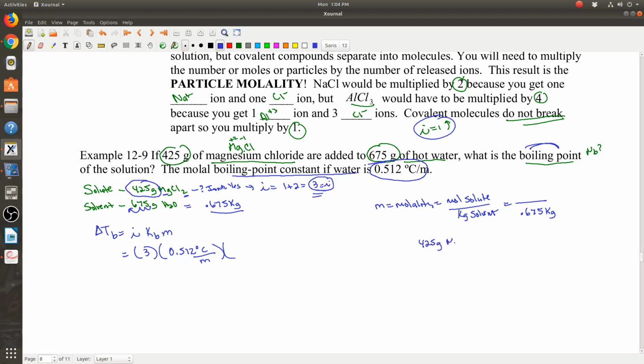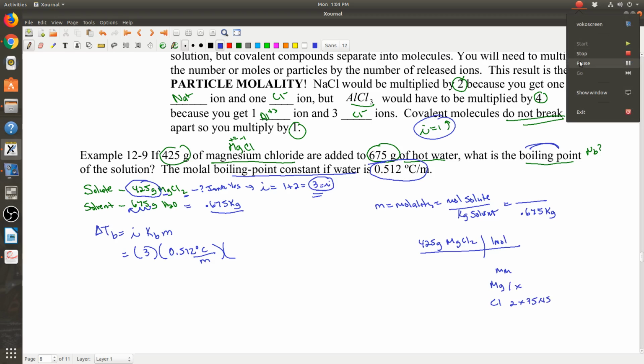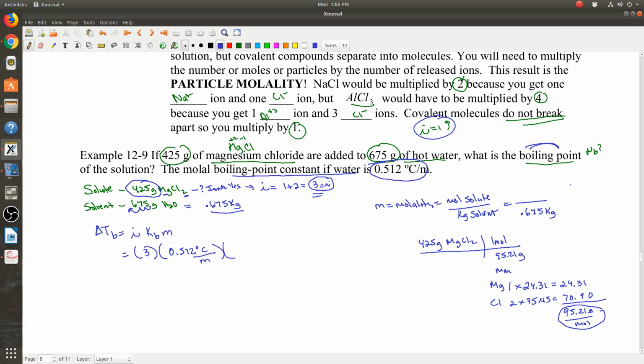So 425 grams of magnesium chloride. You use the molar mass to figure out how many moles you have. So I've got to figure out the molar mass. Magnesium, chlorine, 2 times 35.45. Magnesium, I'm going to have to look that up. So hold on one second. Looked it up.